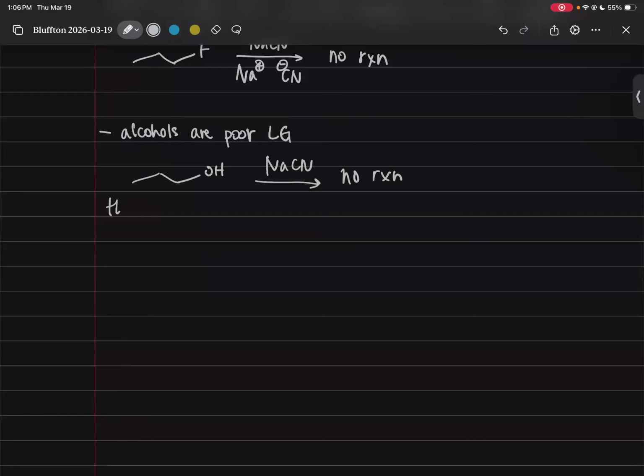However, you can make them into good leaving groups. So one way to do that is to protonate them. So do an acid-base reaction.